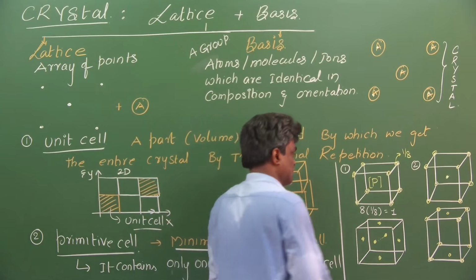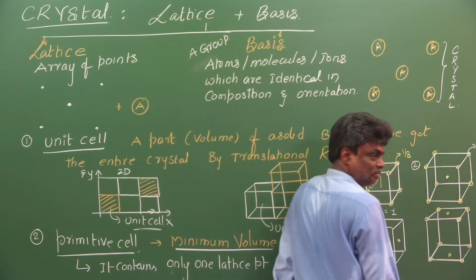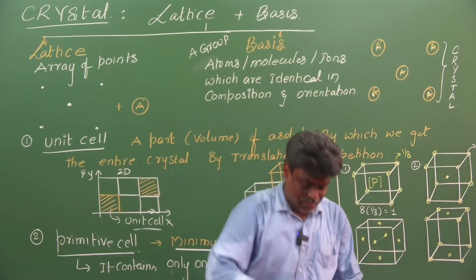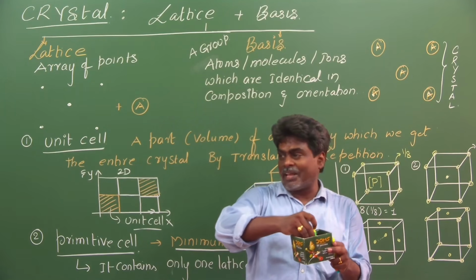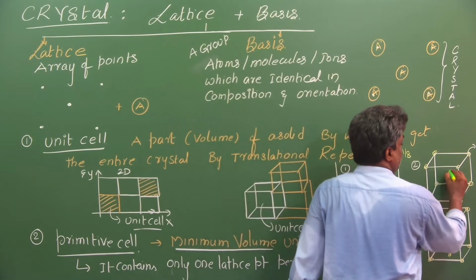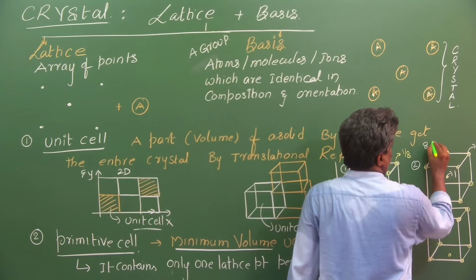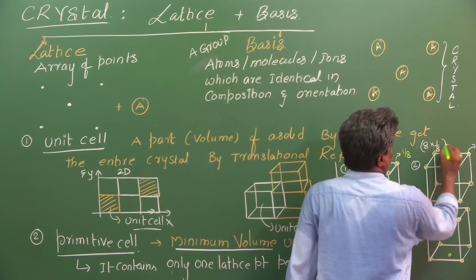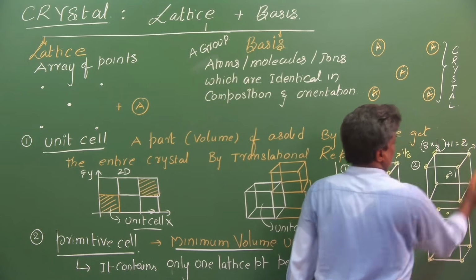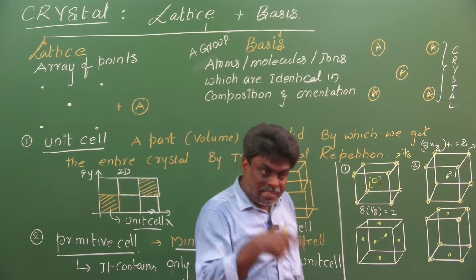Clear? Next one. Ready? So here the sharing is what? In the middle, if you place one atom here, that atom cannot be shared by anybody else. So the number of lattice points per unit cell is 8 into 1/8 plus 1. Is it a primitive?